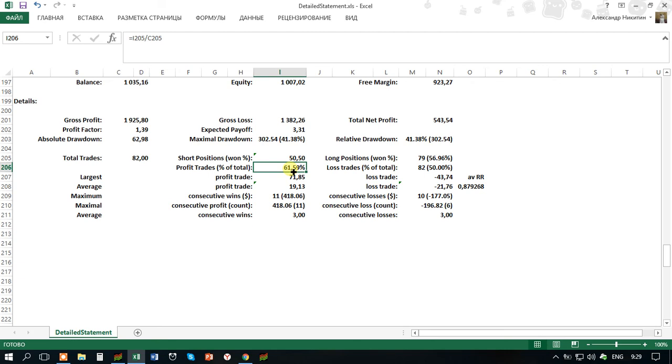You should know the results of your real-time trading, you should know the results of your backtesting, and you should compare both. Either you do everything okay or you do something wrong. As you can see, I'm doing everything okay. I'm not making mistakes. Maybe I do make some mistakes, but they are minor.